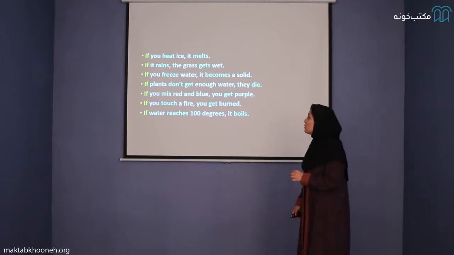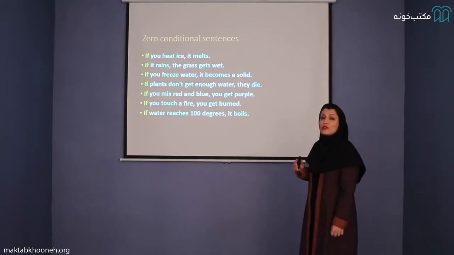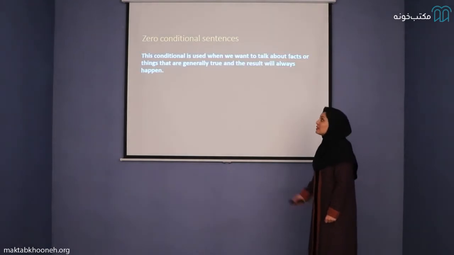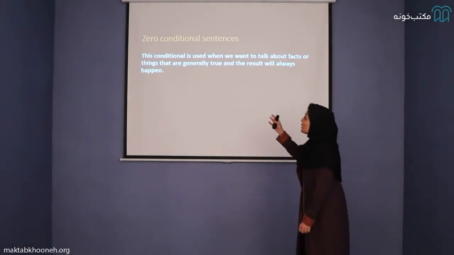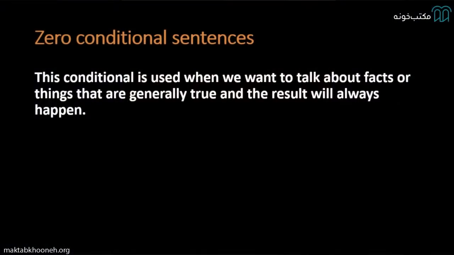We have got the if clause and the main clause. This is zero conditional sentences. This conditional is used when we want to talk about scientific facts and things that are always true, generally true, and the result will always happen.